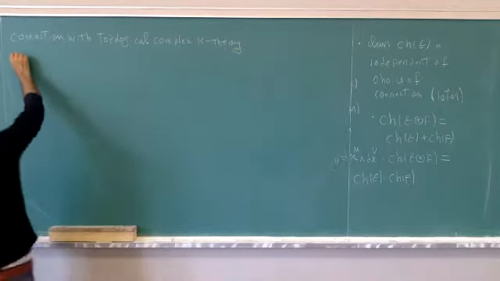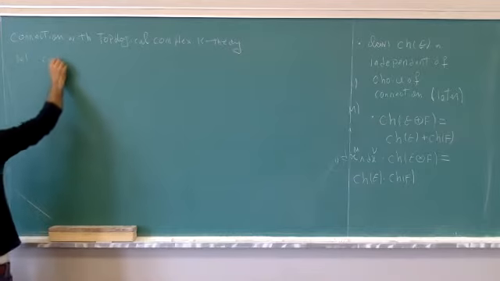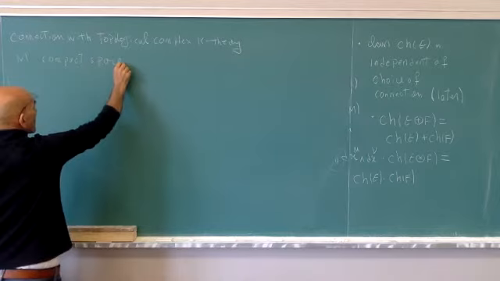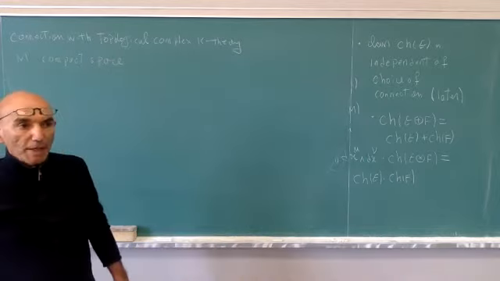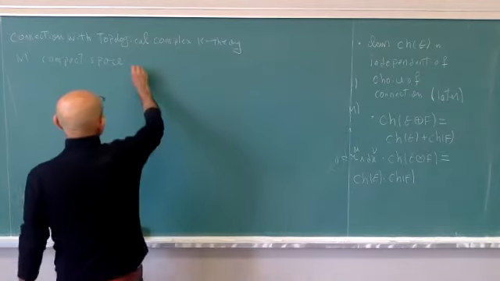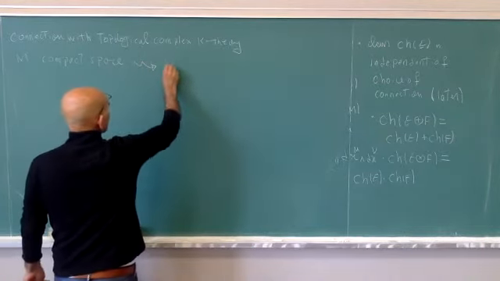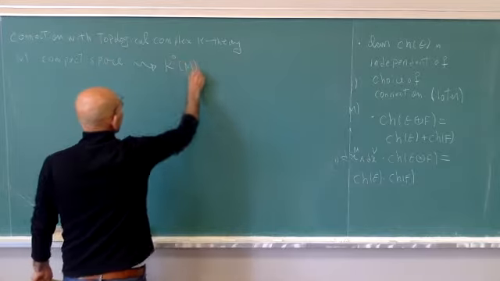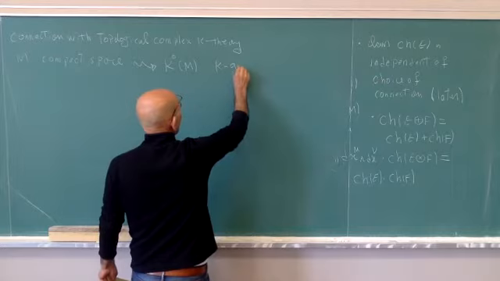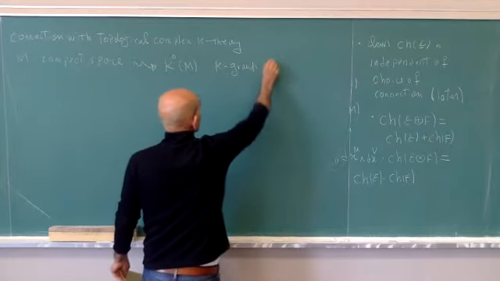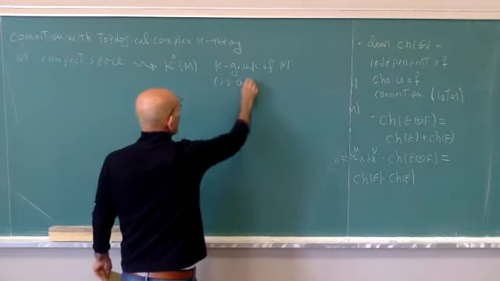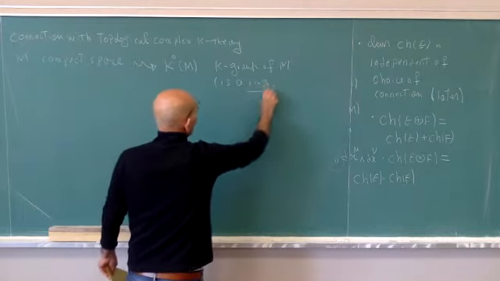So again, let M be a compact space. Then to this space, you attach a group. In fact, you attach a ring, K0 of M. This is called the K group of M. It's actually a ring, in fact.